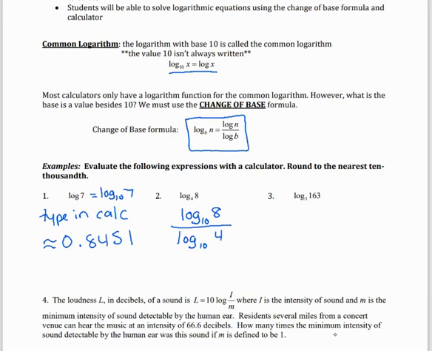So the change of base formula is the log base 10 of the larger number, which is 8, over the log base 10 of that little base. Now we put that into our calculator. What's important to remember is to watch for any parentheses and so forth. So in the calculator, it'll be log of 8, close the parentheses, divided by log of 4, close the parentheses. When you do that, that is exact. We get 1.5.